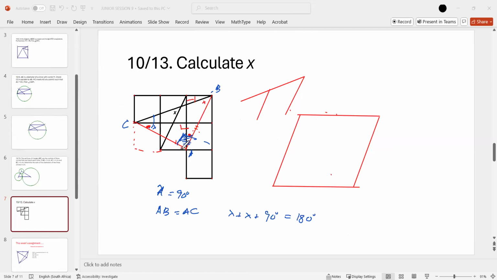So we have to prove that this is 90 first. Then you can say we know all the three angles. And if you work it out now, you got 2x is equal to 90. And x is the angle that you try to calculate. It's 45 degrees.